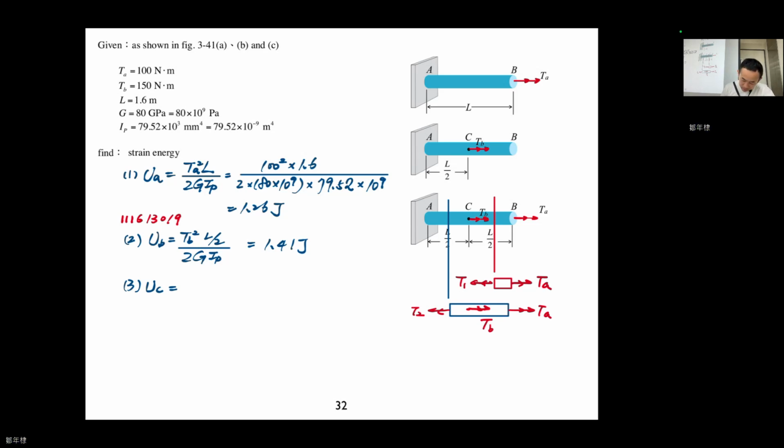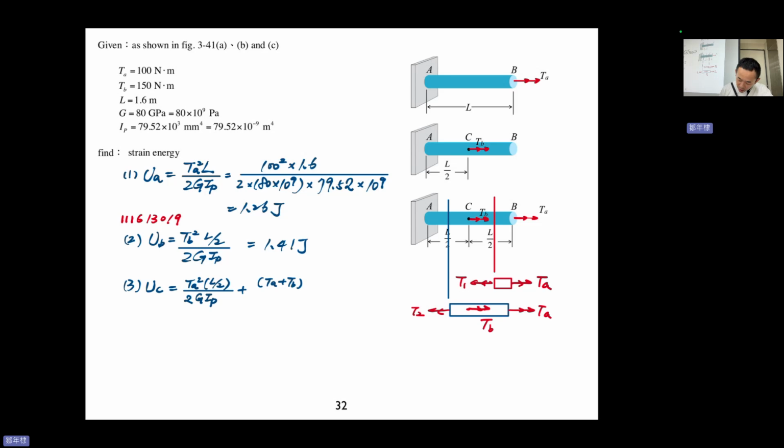Next, you can see that TA is the first section. TA squared L over 2, because you only determine the right section, TA. T1 and TA are equal, right? So 2 GIP, plus TA plus TB.